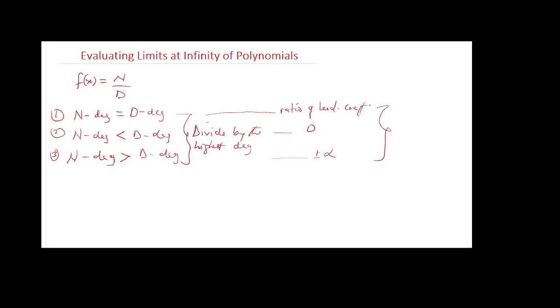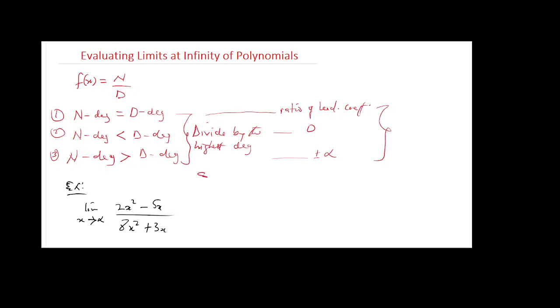Let's take some examples. Given that the limit as x approaches infinity of 2x squared minus 5x all over 8x squared plus 3x, how do you evaluate this?